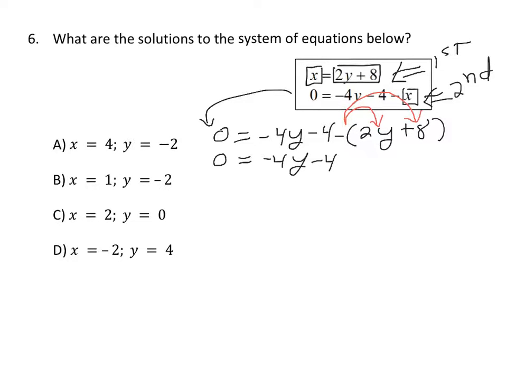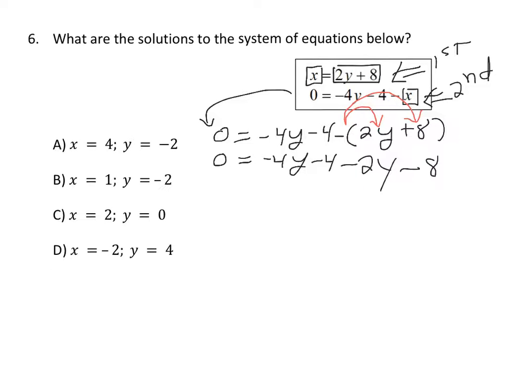So that negative 1, which is silent, times positive 2y, or as I would say, negative plus makes it negative 2y. And negative plus 8 makes it negative 8.